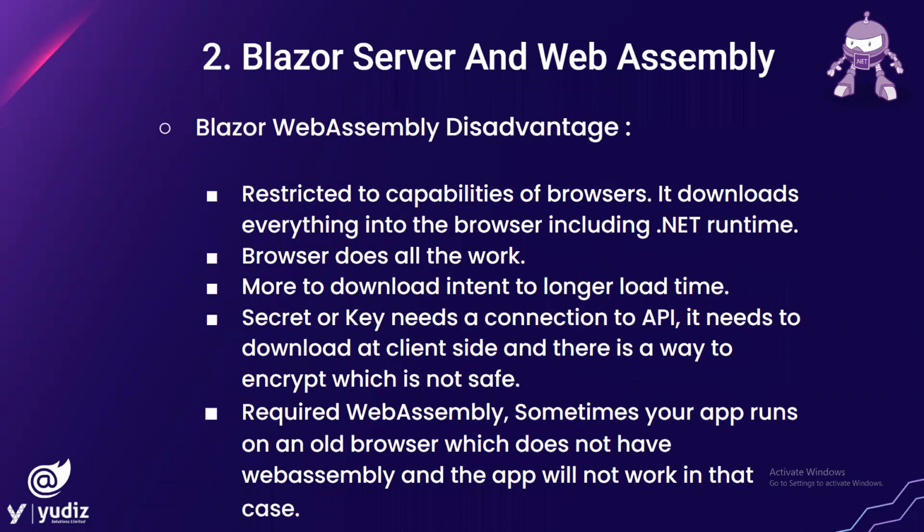Now, these are the disadvantages of Blazor WebAssembly. The first time it is more time consuming because it loads everything in the browser. It is also less secure. And if your application is running on an old browser which does not have support for Blazor WebAssembly, then our application will not work.